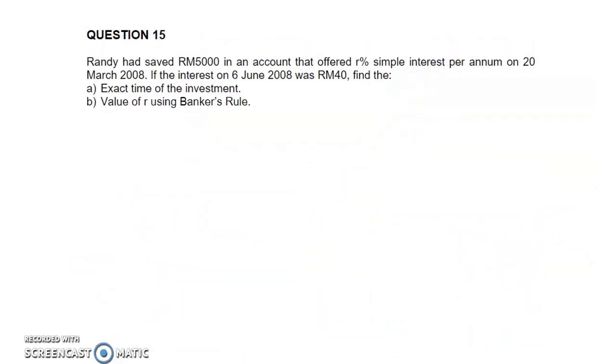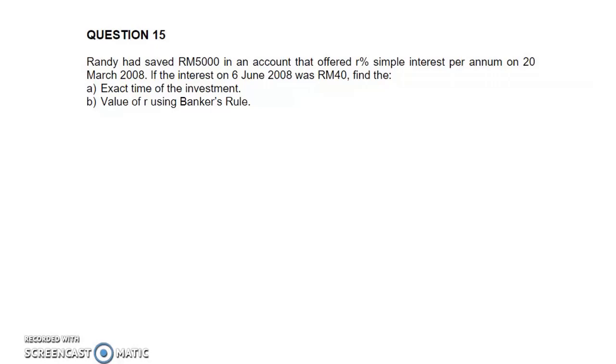Okay, now let's look at question 15. Wendy had saved 5,000 ringgit in an account that offered R% simple interest per annum on 20th March 2018. If the interest on 6 June 2008 was 40 ringgit, find the exact time of the investment.